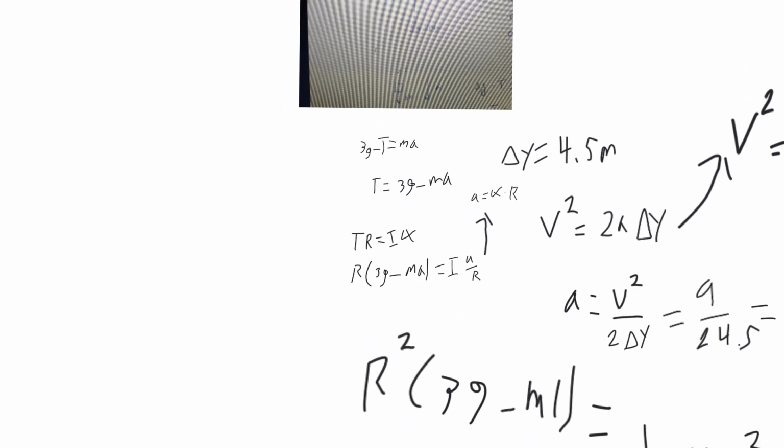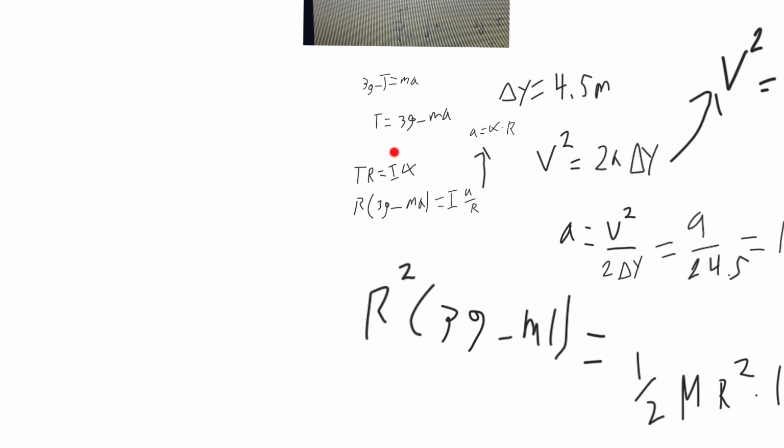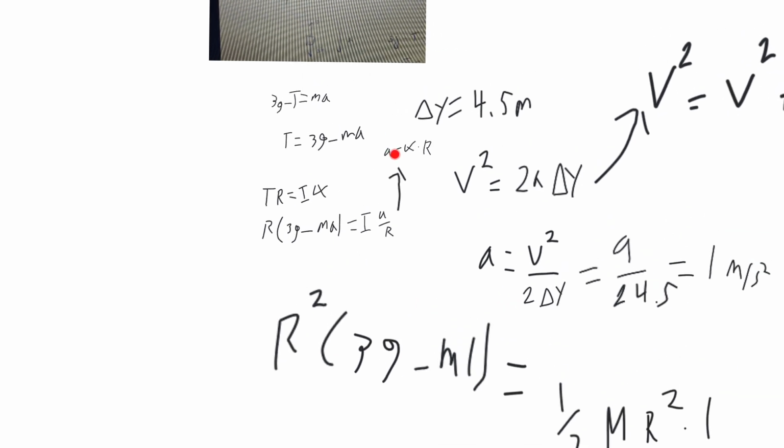This tension in the string is actually producing a torque, which we can call tau. So the torque is going to be equal to the moment of inertia times alpha, the angular acceleration.